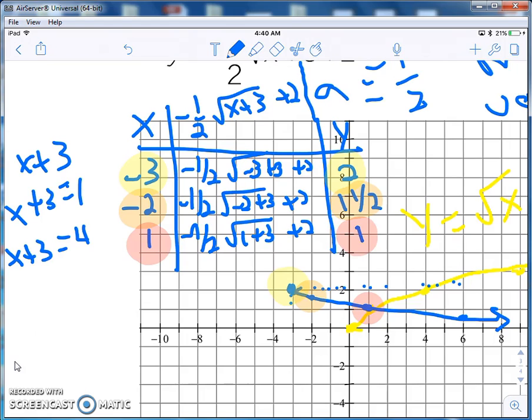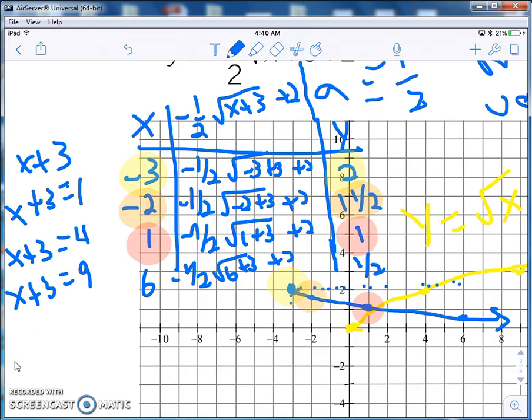And finally, the last perfect square I'm going to try to get is 9. So to get 9 into the radical, I need to put in 6 for x. So -1/2 times the square root of 6 plus 3, then plus 2. So square root of 9 is 3. -1/2 times that is -1.5.